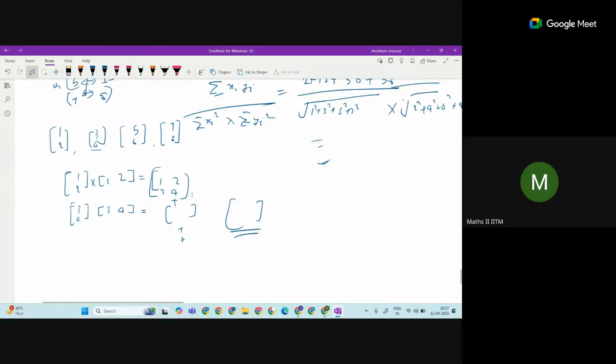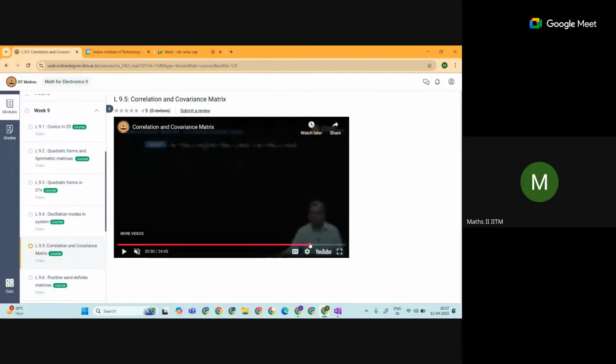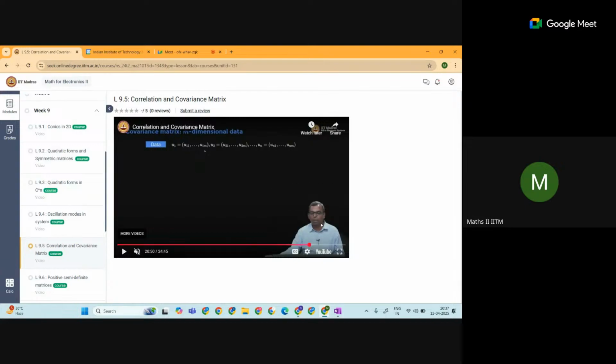The correlation matrix of the centralized data is your covariance matrix, or you can remember this formula. There are two ways to remember it. And here is the more generalized case, if your data is not two dimensional but n dimensional or m dimensional. How can we do that?